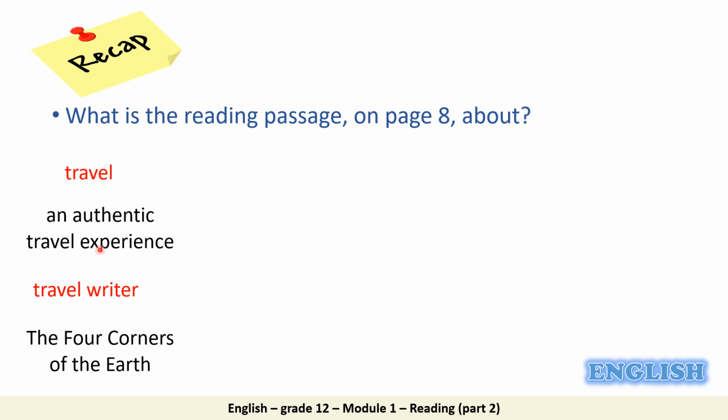Okay? What does his job require him to do? Well done. His job requires him to write articles, and those articles are about his travels. He is supposed to describe his travels to the readers of the magazine.